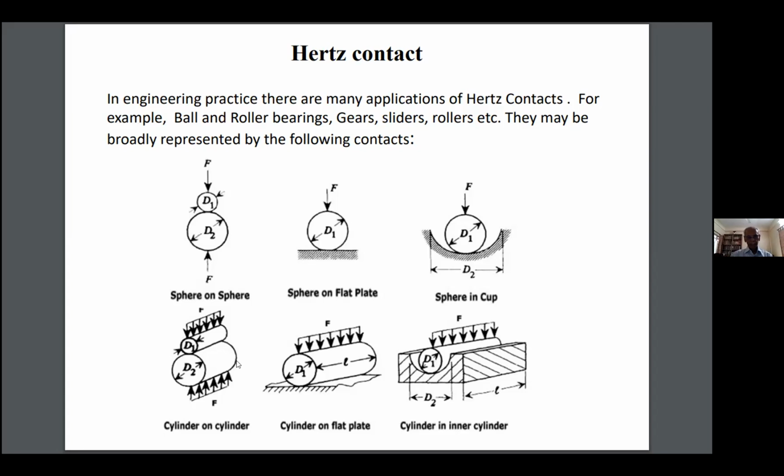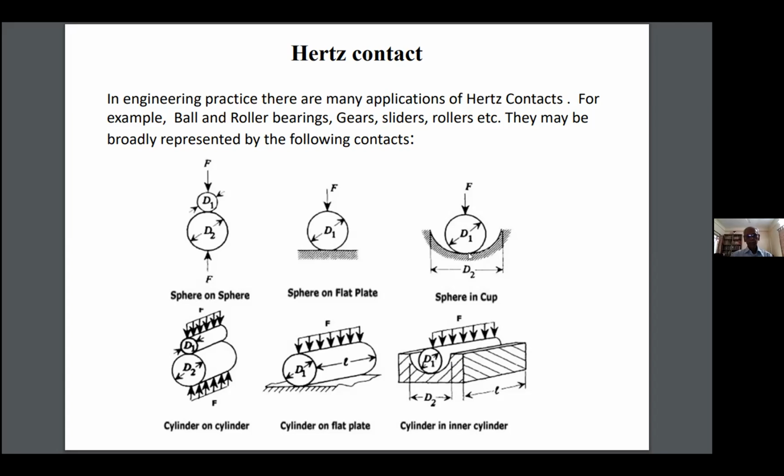Similarly, we can have a typical contact of cylinder on cylinder, cylinder on a flat plate, cylinder on a curved cylinder. These are all examples that may be fitting to typical machinery problems, like this will be applied to the roller bearing, and this will be applied to the ball bearing, and so on and so forth.